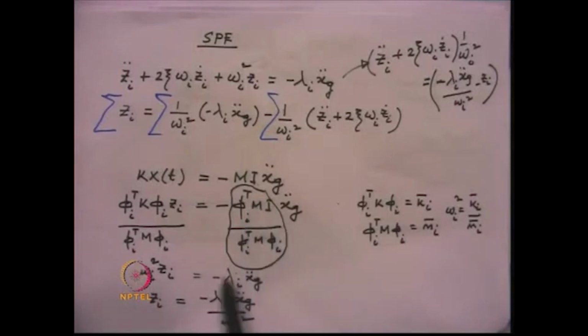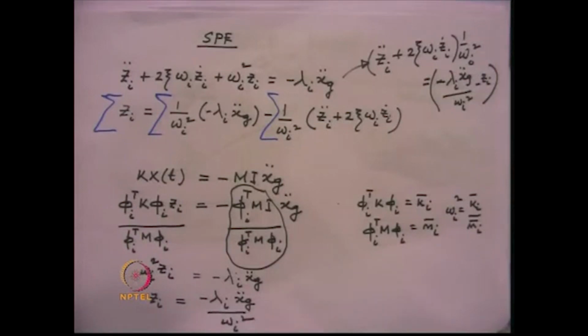So, we can substitute this and write minus lambda I into x double dot g. From this we can get the value of z I is equal to minus lambda I x double dot g divided by omega I square.